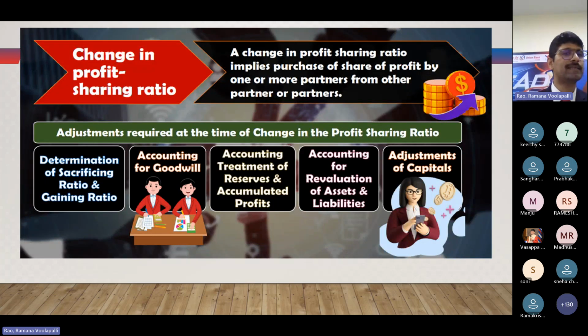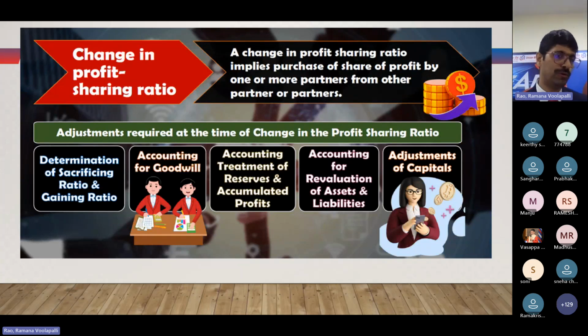Okay, now let us understand change in profit sharing ratio. A change in profit sharing ratio implies purchase of shares of profit by one or more partners from other partner or partners. Adjustments required at the time of change in the profit sharing ratio are determination of sacrificing ratio and gaining ratio, accounting of goodwill.